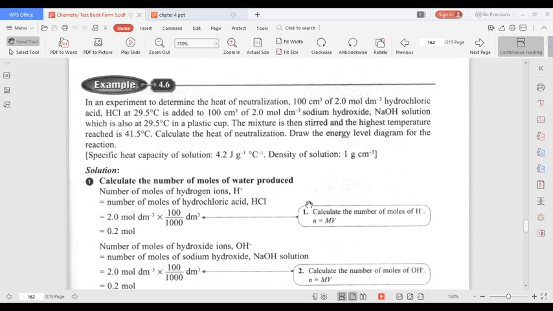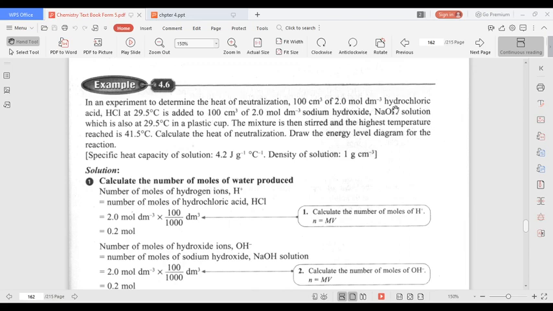Okay, kita tengok calculation example 4.6. Ready with your calculator ya. In an experiment to determine the heat of neutralization, the acid used is 100 cm3 of 2 mol dm-3 hydrochloric acid at 29 degrees, added to 100 cm3 of 2 mol dm-3 sodium hydroxide solution, which also has a temperature of 29.